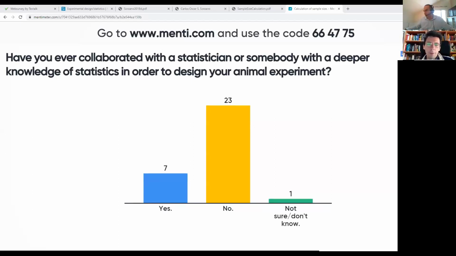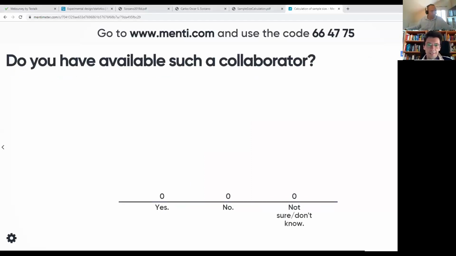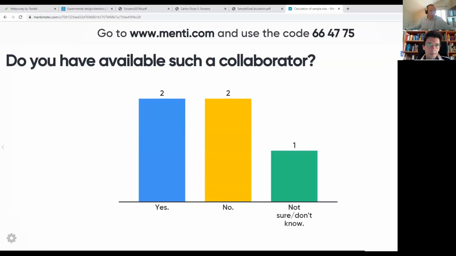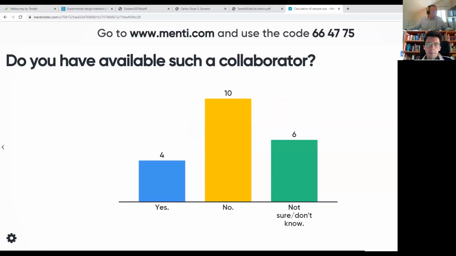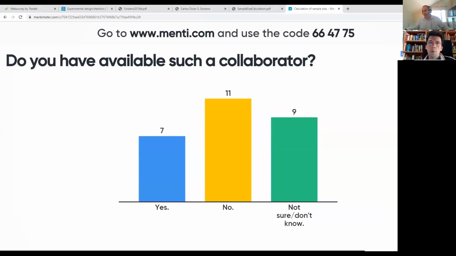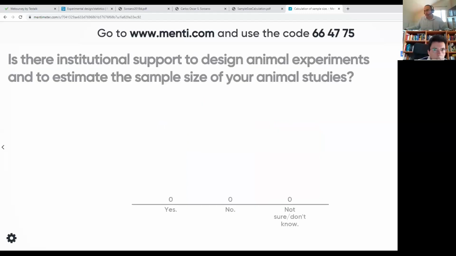So the majority of people don't collaborate to design the experiment. And this is more institutional. Many institutions don't have this statistical support. And this is something that we should promote, having some way of getting this help.